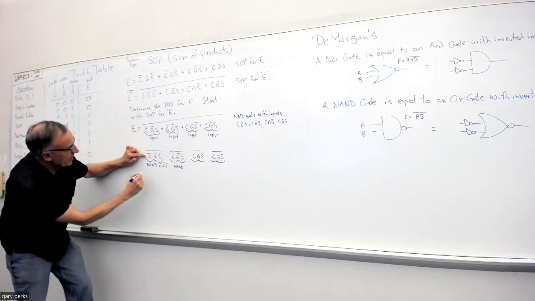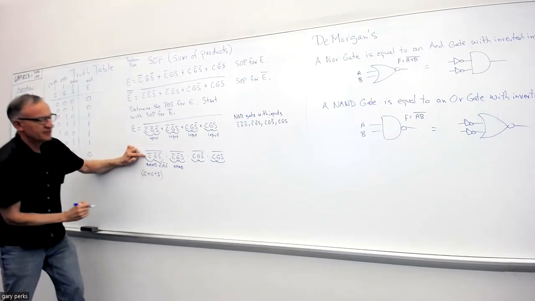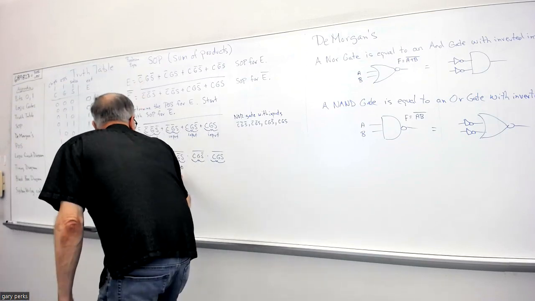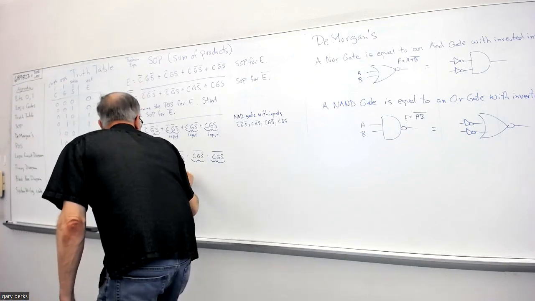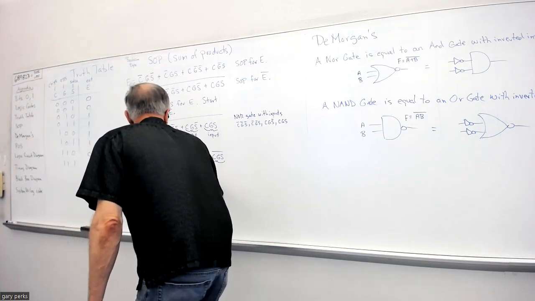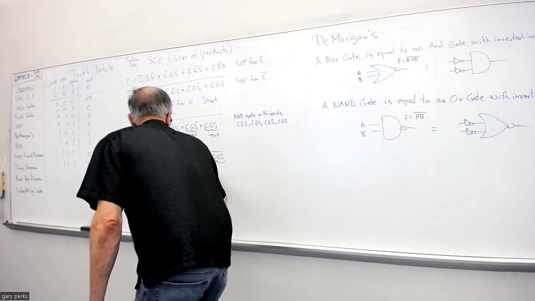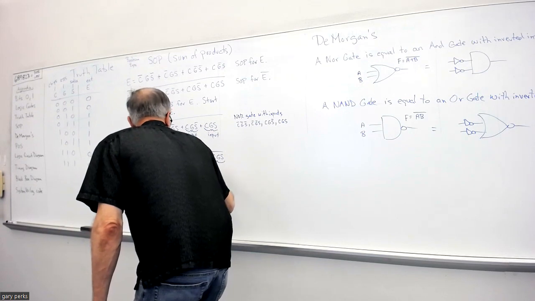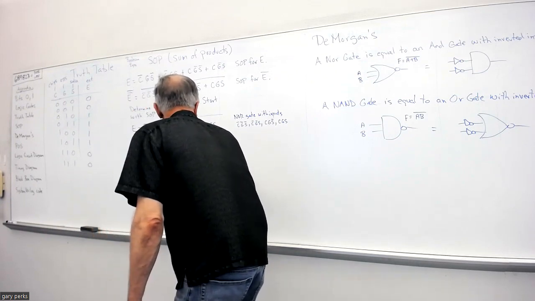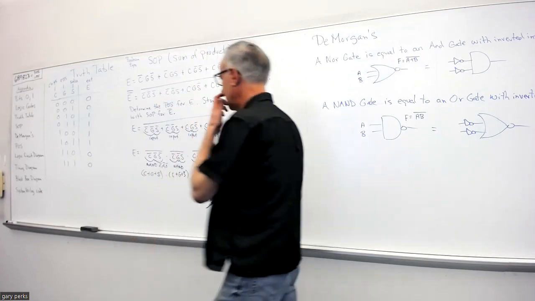So you see here, I would get C or G or S. And then this term, I would get C or G or not S. And then here, I would get not C or not G or S. And then here, I would get not C or not G or not S.